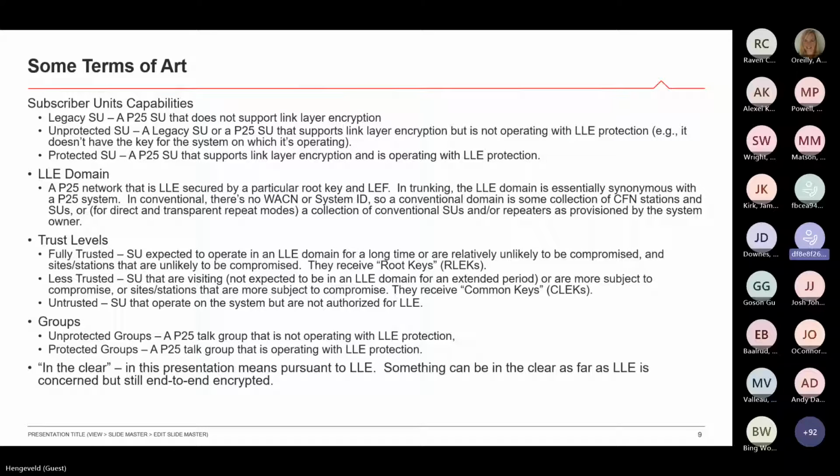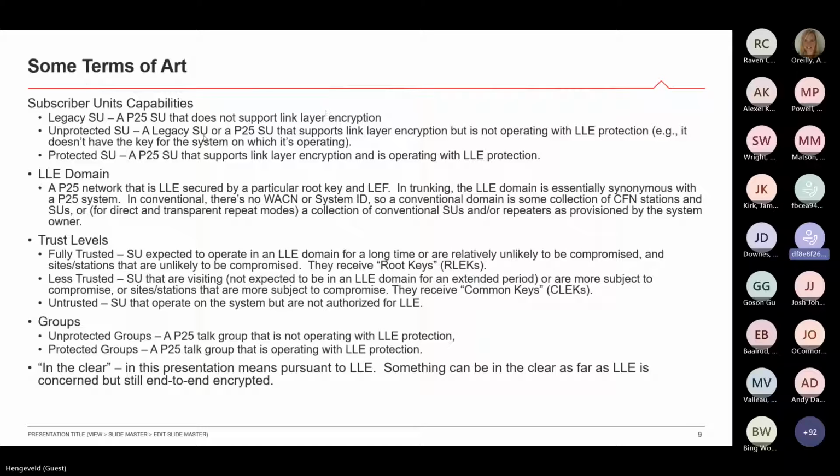So even though in conventional there's no WACN or system ID, which is what we're using as part of the LLE domain identifier, a conventional domain is therefore some collection of stations and radios that share a common key and that have a common name, the LLE domain.